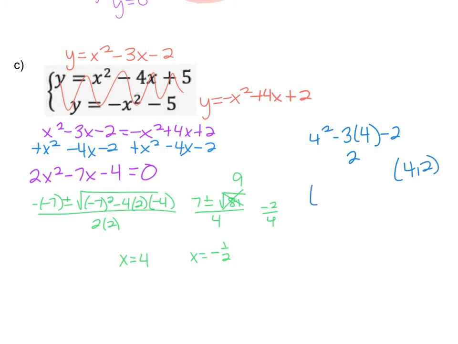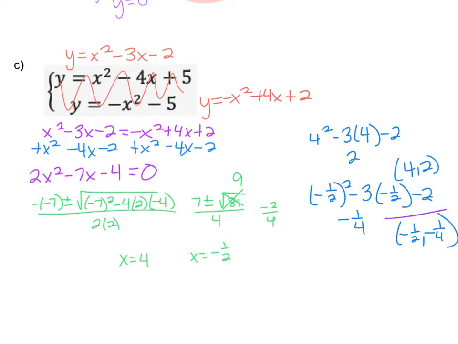The next one, definitely use a calculator on this one, negative 1/2 squared minus 3 times negative 1/2 minus 2. Oh, that's pretty gross. Oh, look, we get a fraction. It's negative 1/4. So this coordinate would be at negative 1/2, negative 1/4. So those are the two solutions to that problem.